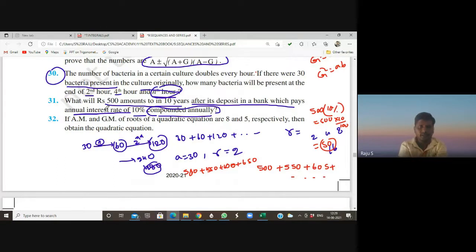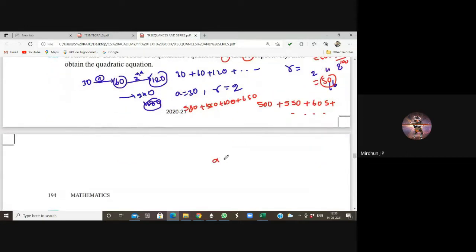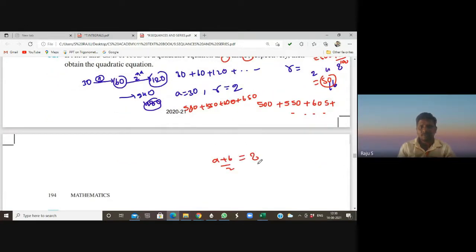Anyhow, all of you try this question and tell me the answer. AM equals 8 and GM equals 5. A plus B over 2 is 8. Root AB is equal to 5.